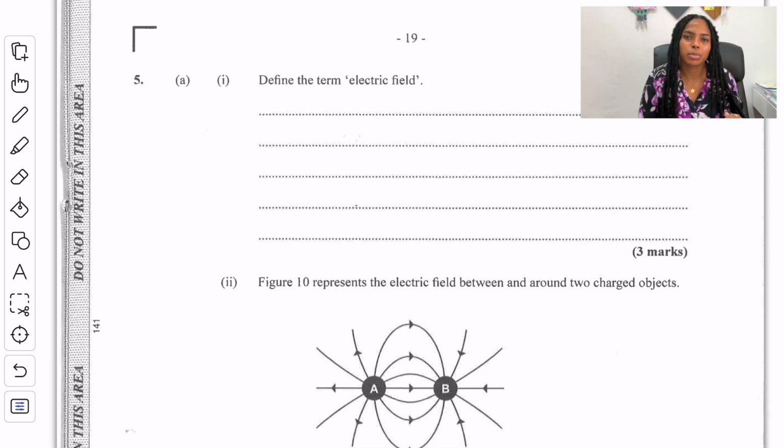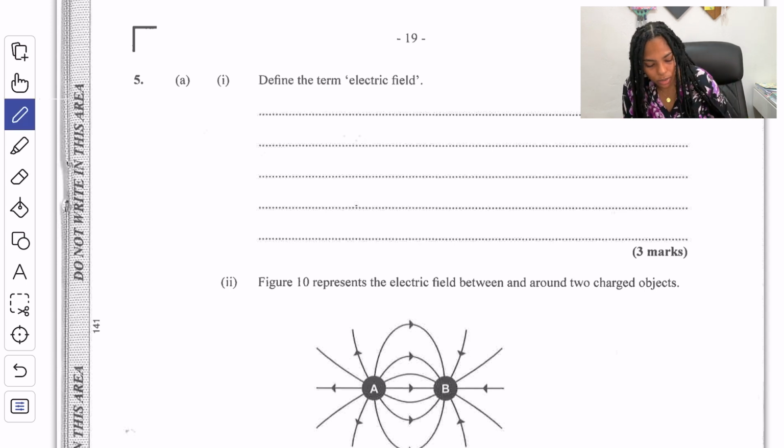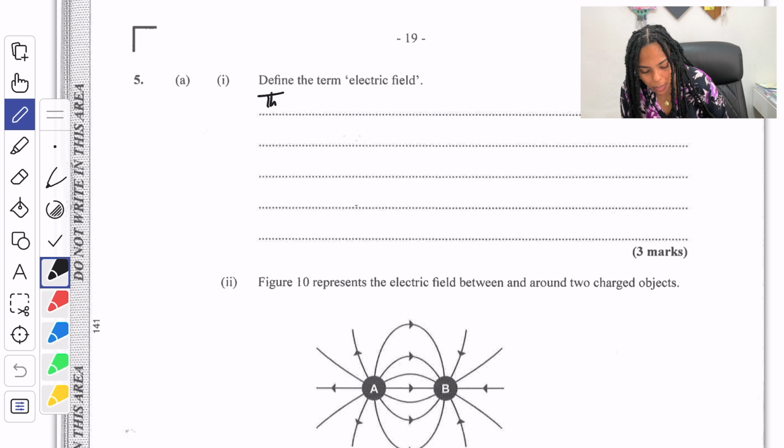Now determine the electric field. So this is the region around a charged body where another body, it could be charged or it could be neutral, where another body would experience a force.